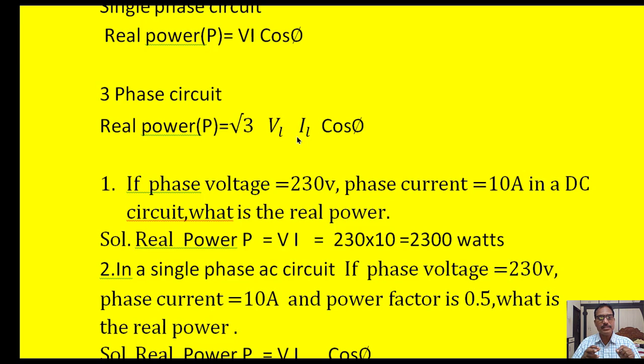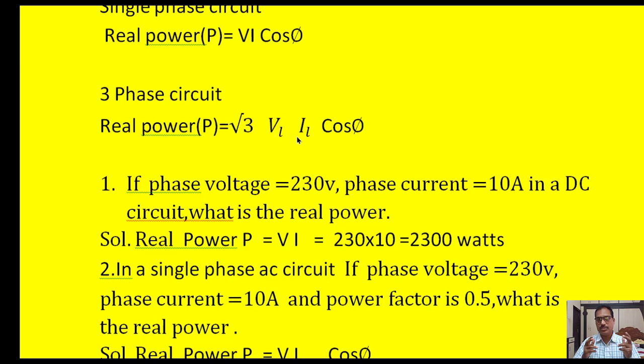Again, in three phase circuit there are two types of three phase circuits. One is called delta connected circuit, the other is star connected system. In case of delta connected system, line voltage and phase voltage are one and the same, whereas the line current and phase current are different, and what we require for this is the line current.